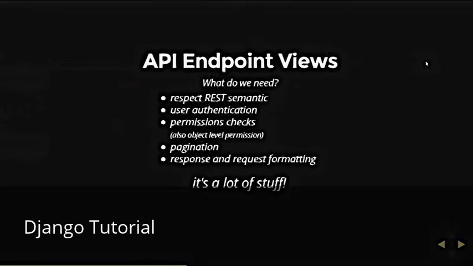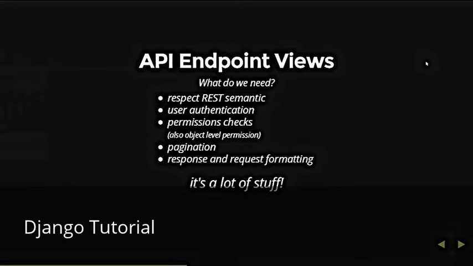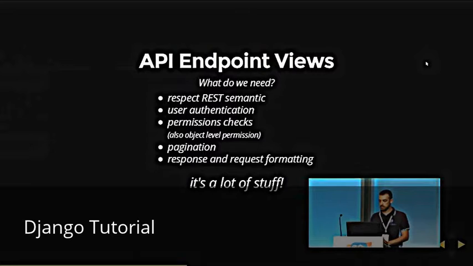Then we have to create the views, the endpoints, and what do we need? We need, of course, to respect the semantic meaning, but we should take care of the user authentication, and also we should take care of permission checks.